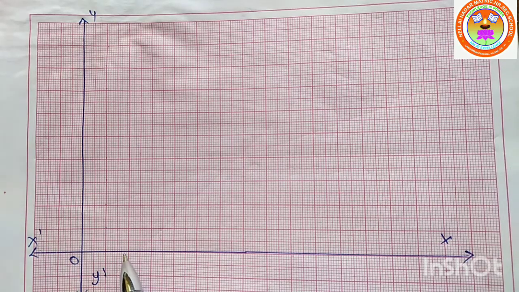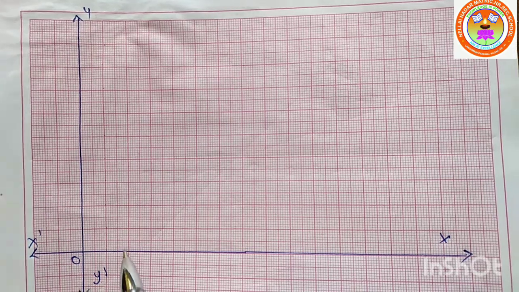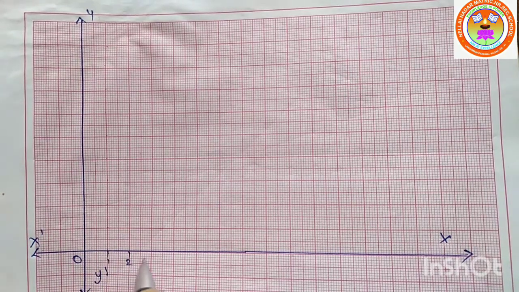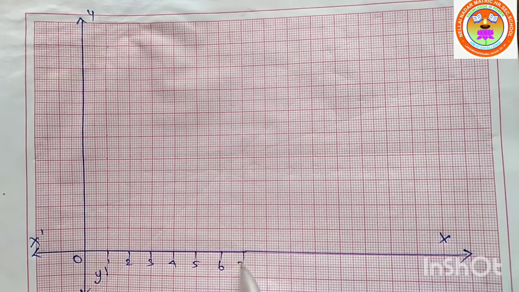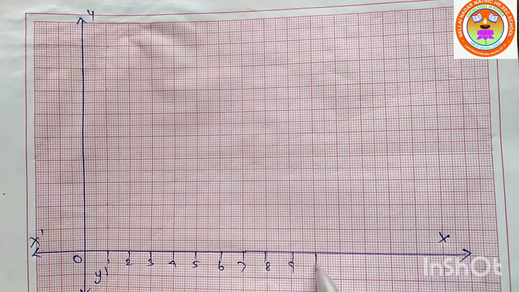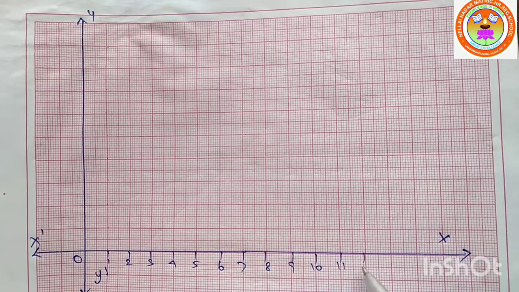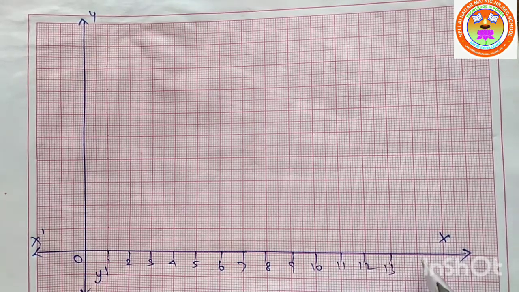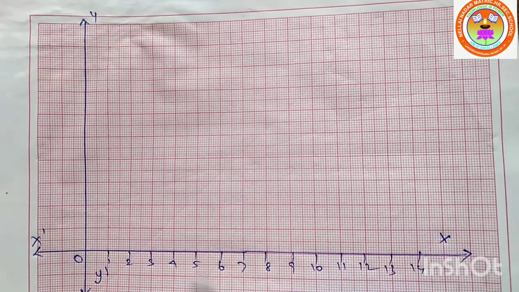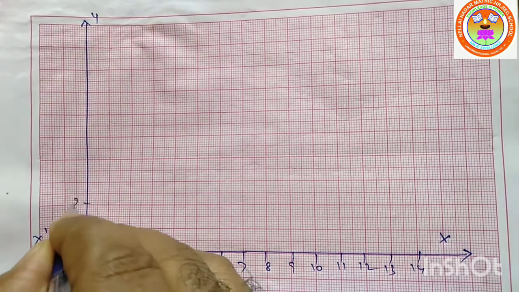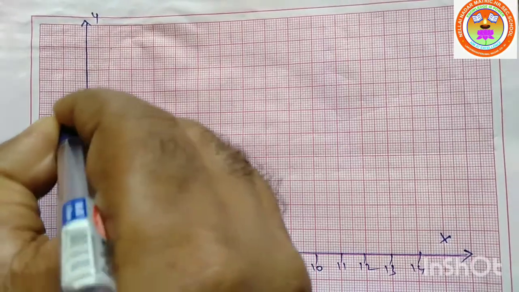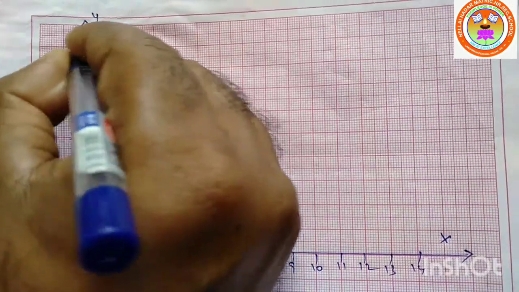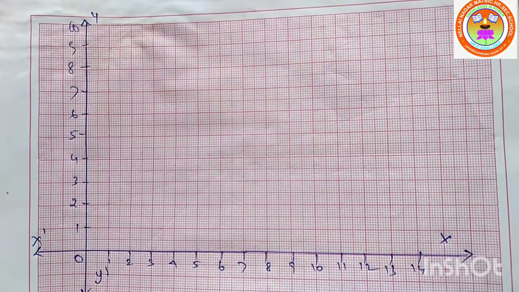That is why we are taking the positive quadrant. It is the first quadrant. 1, 2, 3, 4, 5, 6, 7, 8, 9, 10, 11, 12, 13, 14. 1, 2, 3, 4, 5, 6, 7, 8, 9, 10.